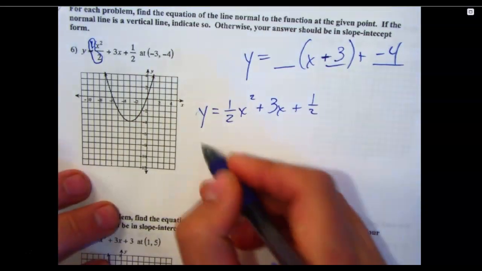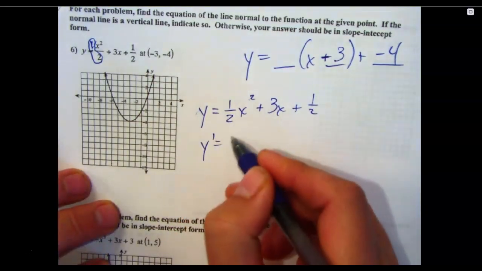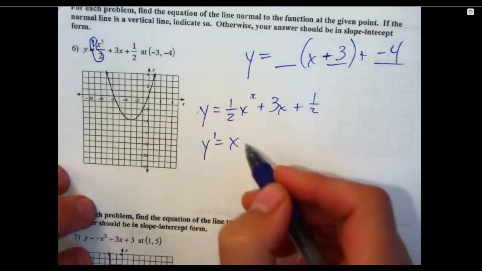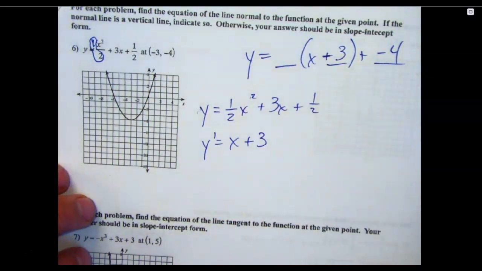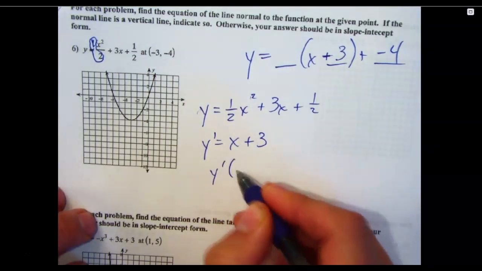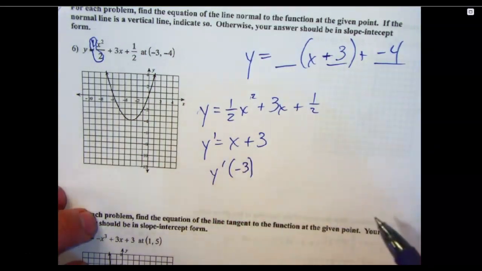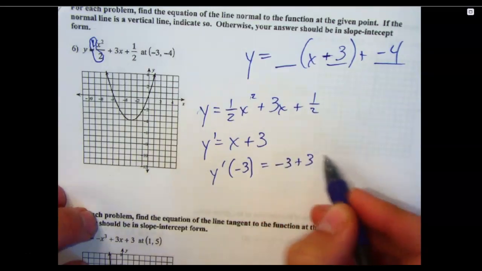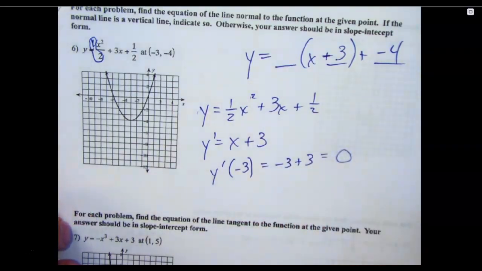And then if I take the derivative, 2 times 1/2 is x, or just 1x, and reduce the power by 1, so it's 1x first. x plus 3. So y prime at negative 3. So negative 3 plus 3, which is 0.